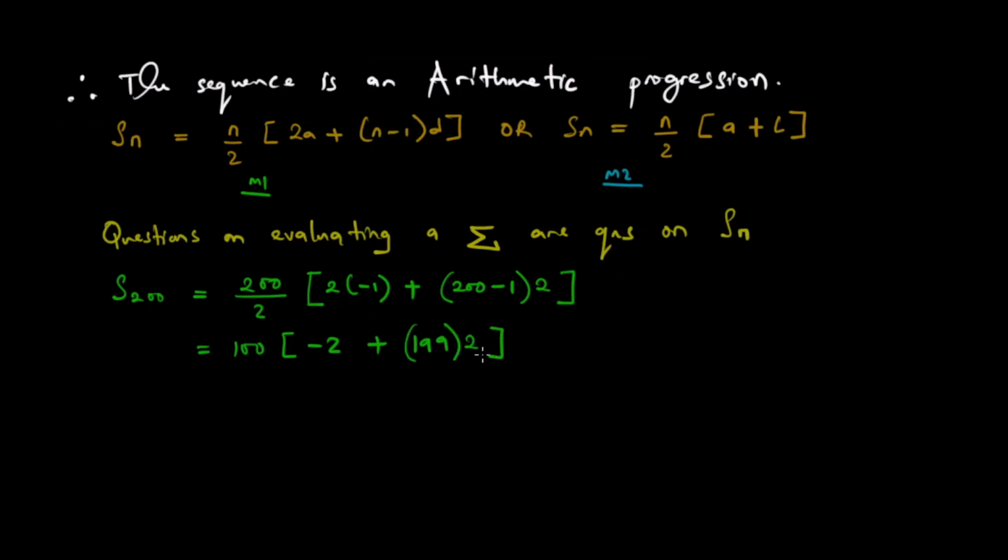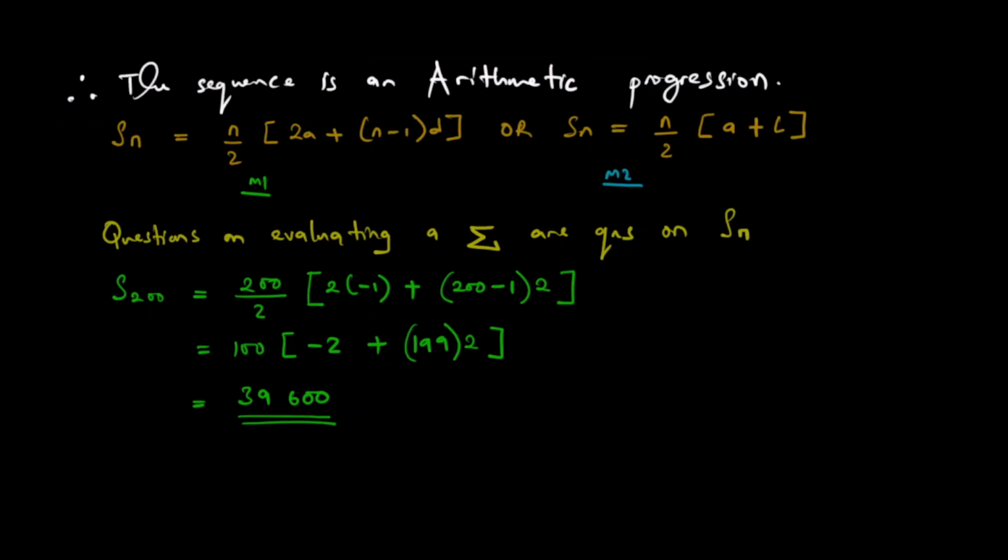Let me use my calculator to make this evaluation. 100 multiplying minus 2 plus 199 multiplied by 2. The answer is 39,600. As simple as this.